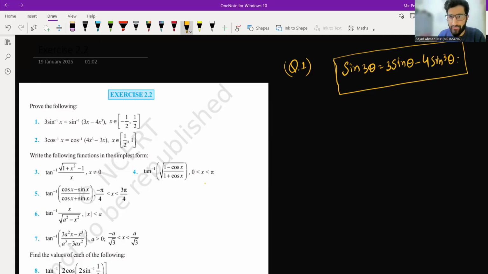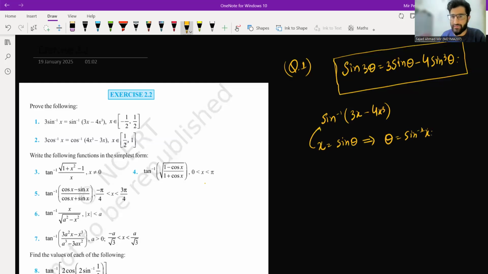So if I take the right hand side, sine inverse of 3x minus 4x cube, and do the substitution x is equal to sine of theta, which implies that theta is equal to sine inverse of x, right?